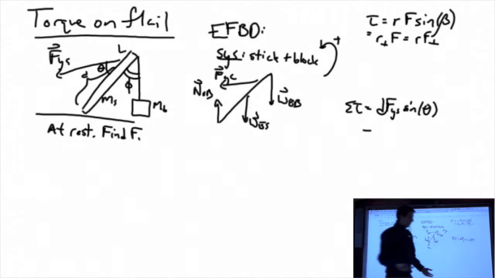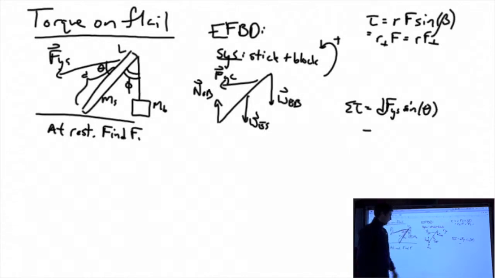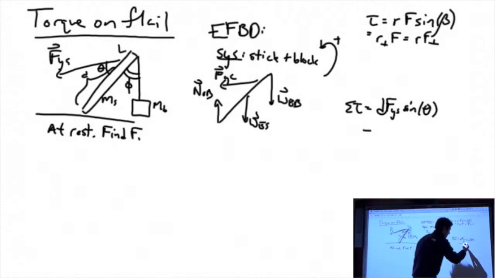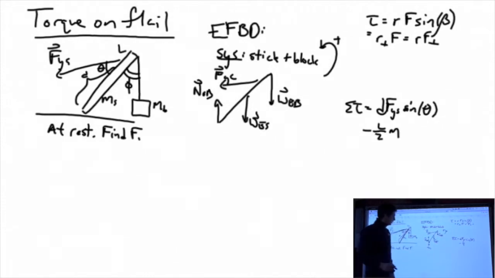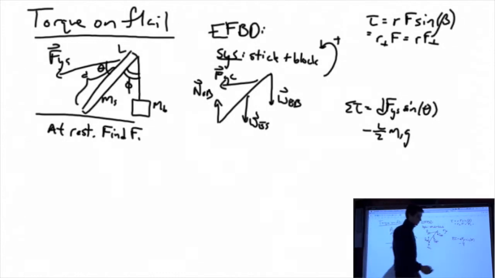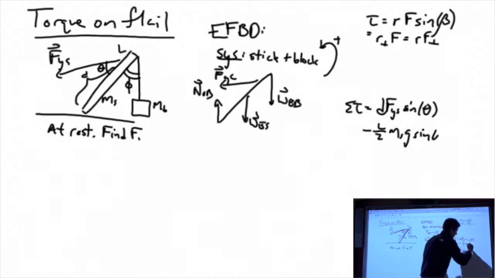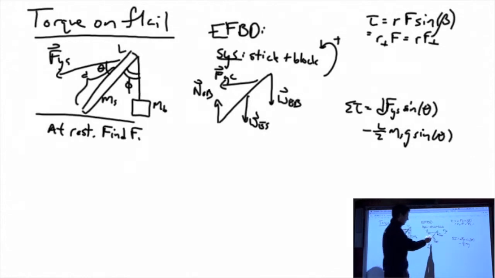I know it's going to be a minus, since it's going in the negative torque direction. The weight acts at the center of mass of this stick, so the distance is L over 2. The force is always mg, so the mass of the stick times g, and then sine of the angle between them, which in this case is phi.